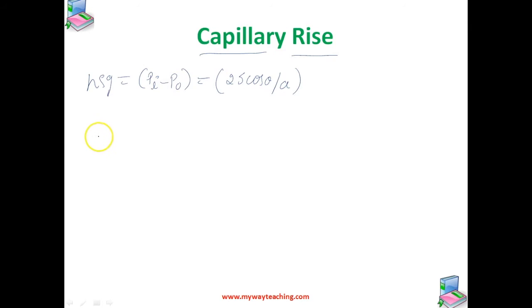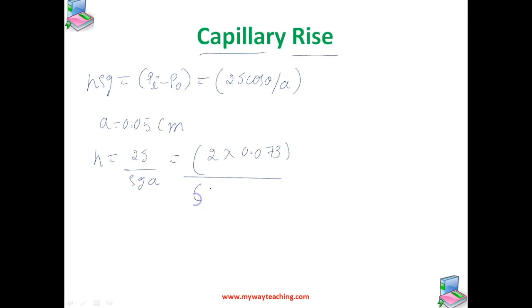If a is equal to 0.05 meter, using the value of surface tension for water, we can find that h is equal to 5 into 10 raised to minus 4.